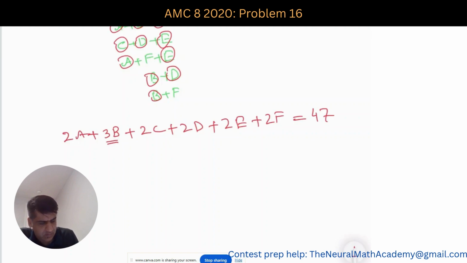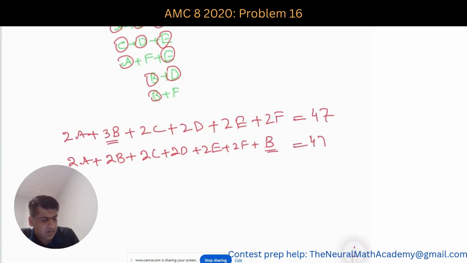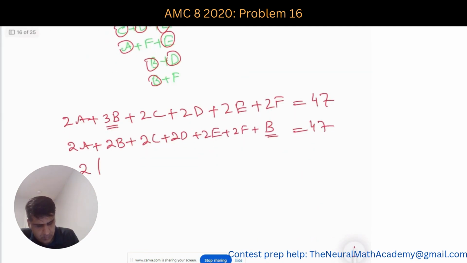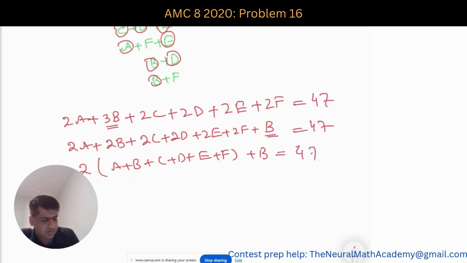So I can rearrange this equation like this: 2A plus 2B plus 2C plus 2D plus 2E plus 2F plus B. So I just brought this B outside here, and now I can write this sum as 2 into A plus B plus C plus D plus E plus F, plus B equal to 47.